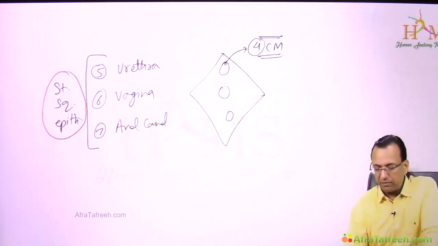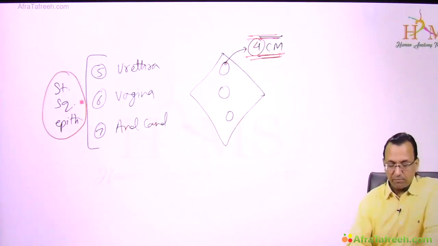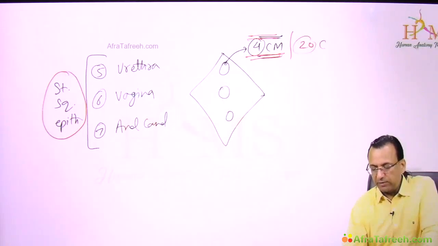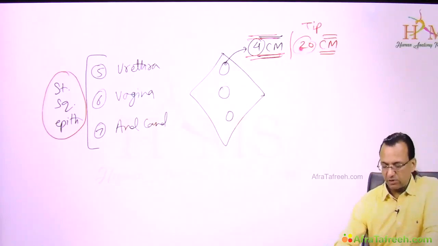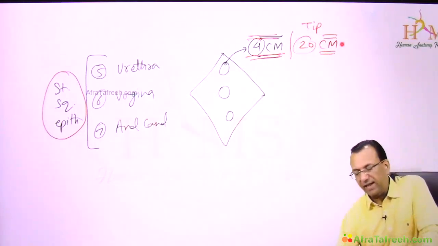But this will not be happening in the male urethra. In the male urethra, which is actually 20 centimeter long, only the tip of the male urethra will be lined by this epithelium, not the entire urethra. Otherwise, the male urethra has a different epithelium.